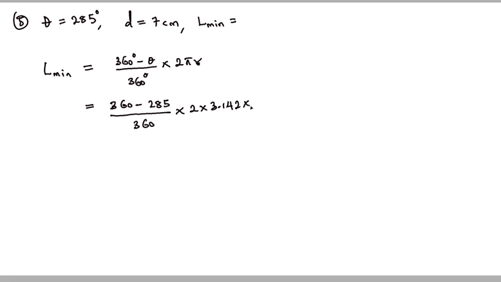3.142 times our r. If you watch clearly here, I'm not giving r. But like I told you, you can get r from diameter. To get radius from diameter, you always divide the diameter by 2. For example, if the diameter is 8 cm, to get the radius divided by 2, you have 4 cm.